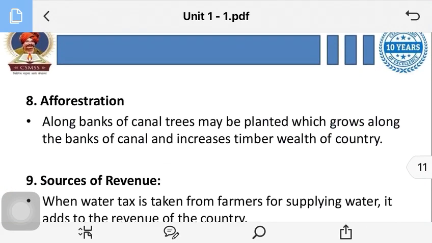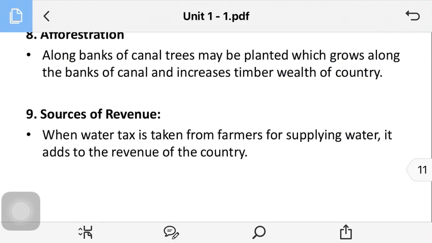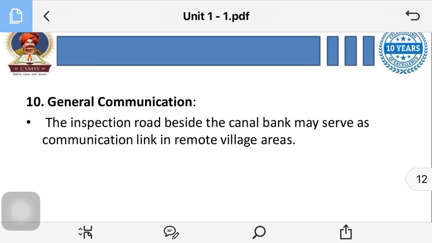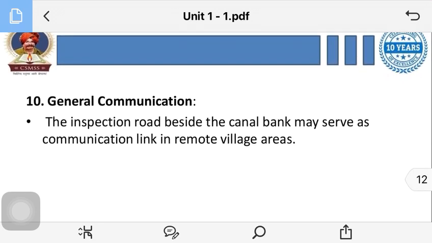Afforestation. Along the banks of canals, trees may be planted, which increases the timber wealth of the country. Next is source of revenue. When water tax is taken from the farmers for supplying water, it adds to the revenue of the country. And general communication.